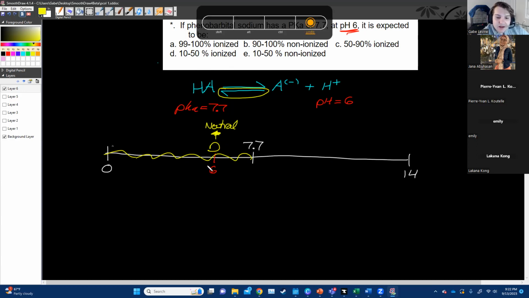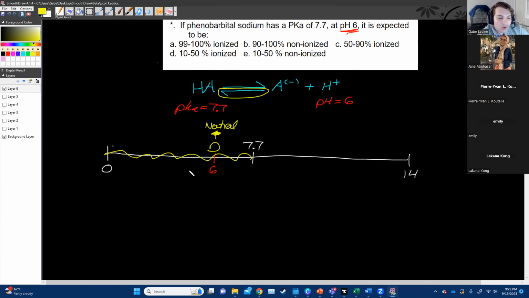So in other words, pointing towards pH of 6, we should have neutral molecules. Whereas pointing away from a pH of 6, we would have charged molecules. Any questions about that?